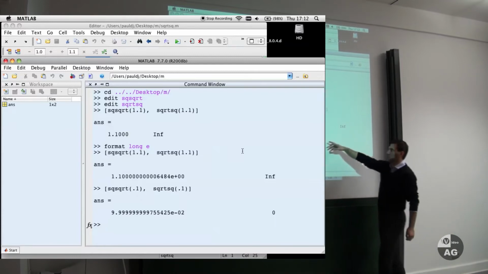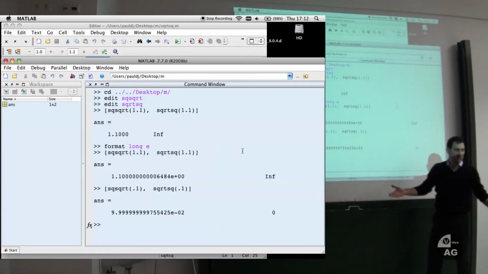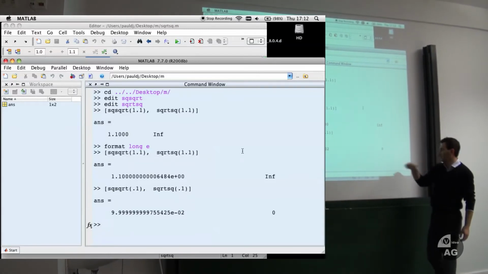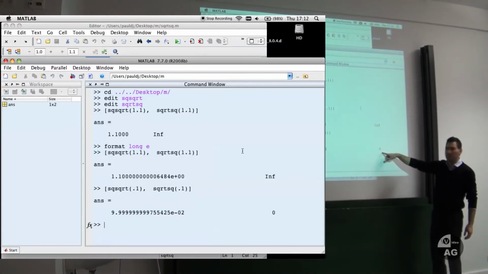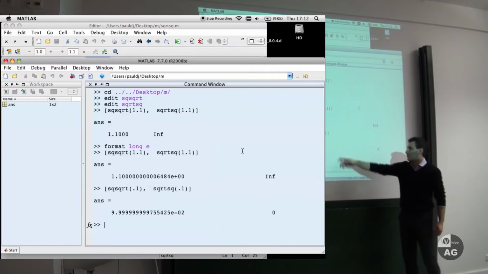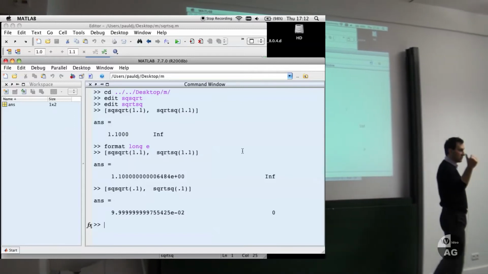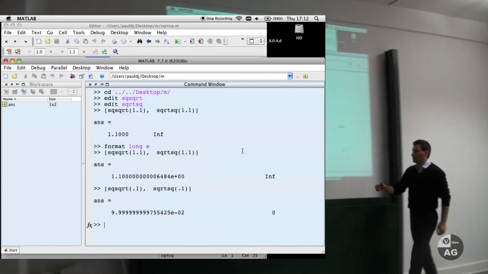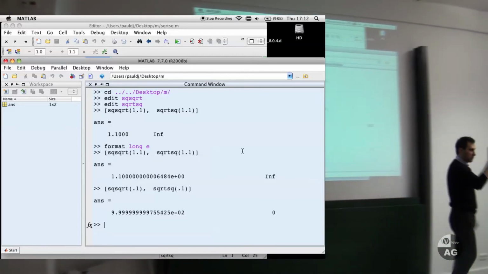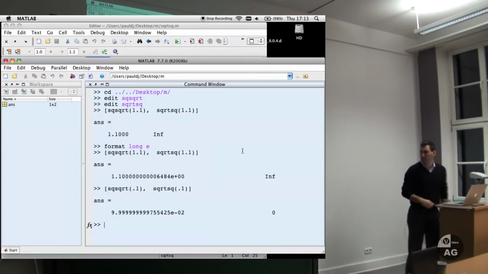Because now we are between 0 and 1, and so it's exactly the same story. By squaring, now we're going down. We're going too much down, so we're going into an underflow, and at that point we just stay at 0. And over there instead we're going towards 1, because we are squaring a number that is less than 1, so we're going towards 1, and then we go backwards.